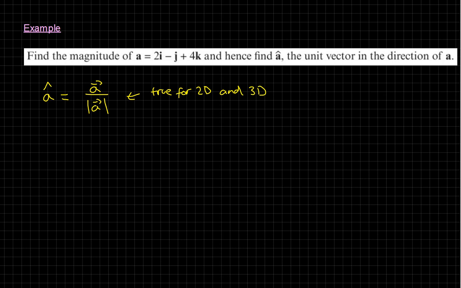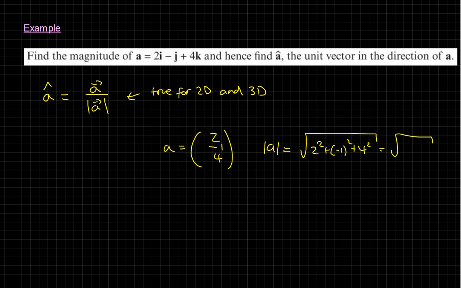Okay, so let's take a look how that works. In this case, we've got A is equal to, and I'm immediately converting to column vectors, this. The modulus of A, or its size, is therefore equal to the square root of 2 squared plus minus 1 squared plus 4 squared.